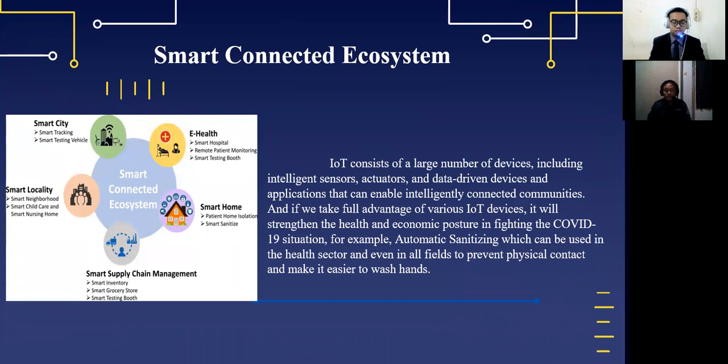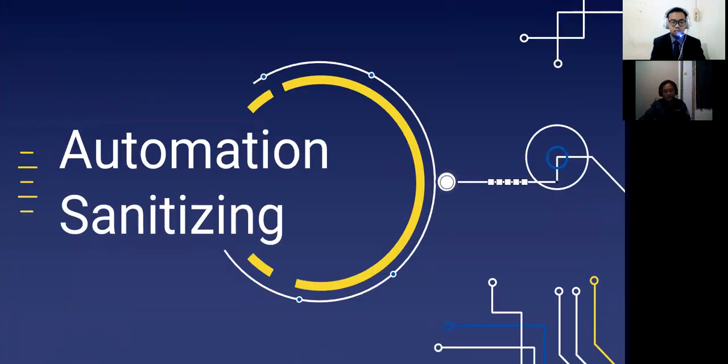And if we take full advantage of various IoT devices, it will strengthen the health and economic posture in fighting the COVID-19 situation. For example, automatic sanitizing, which can be used in the health sector and even in all fields to prevent physical contact and make it easier to wash hands.